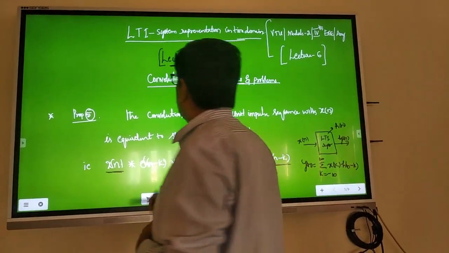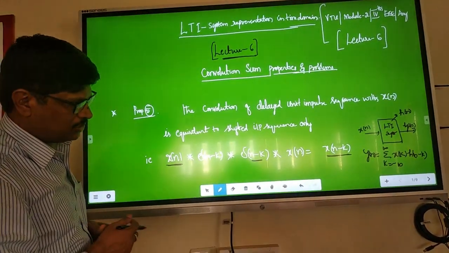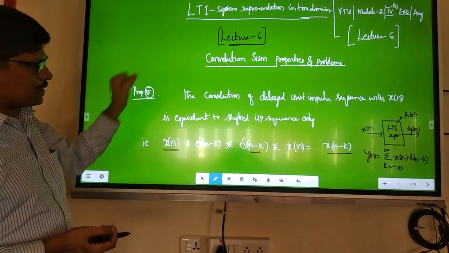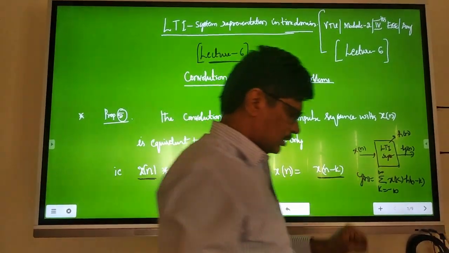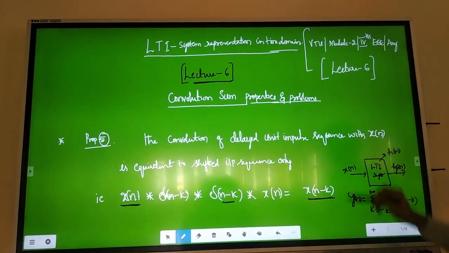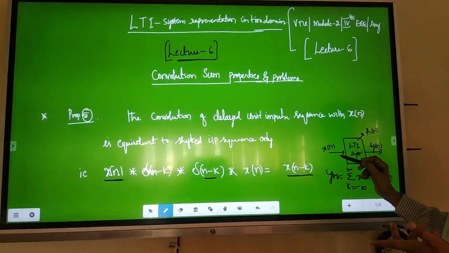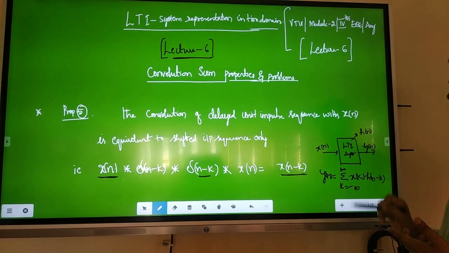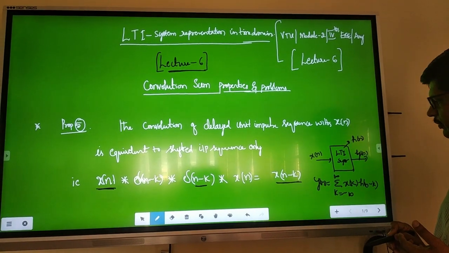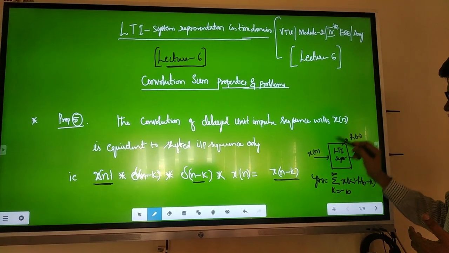Now, in my previous 5 lectures, we discussed LTI systems, linear time invariant systems, where x of n and y of n are input and output. h of n is the impulse response of the system.